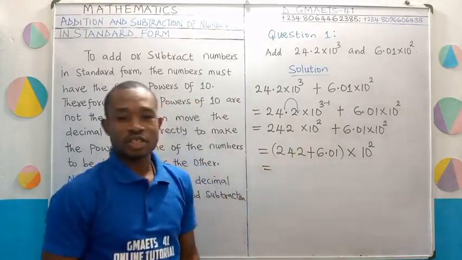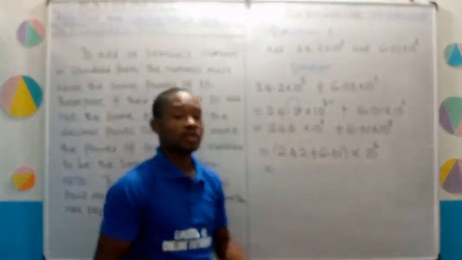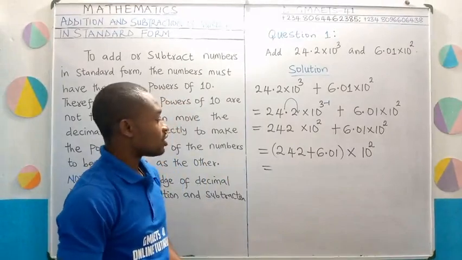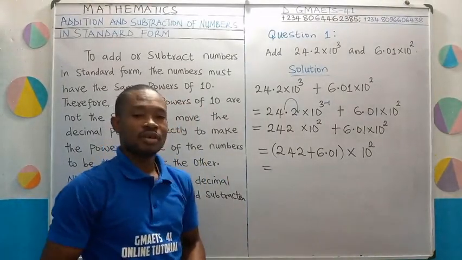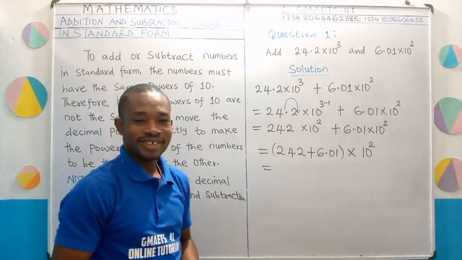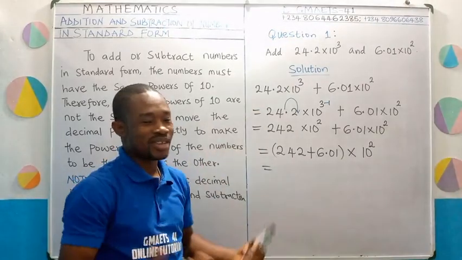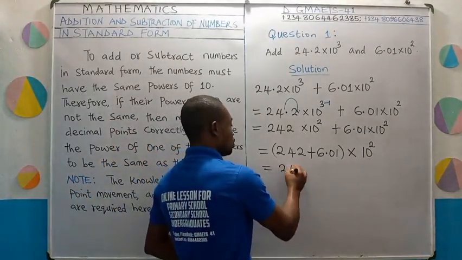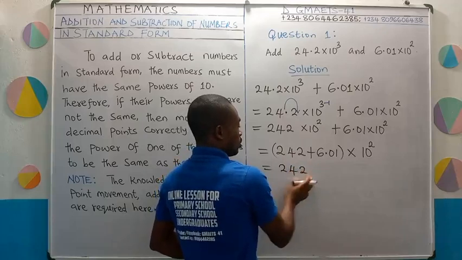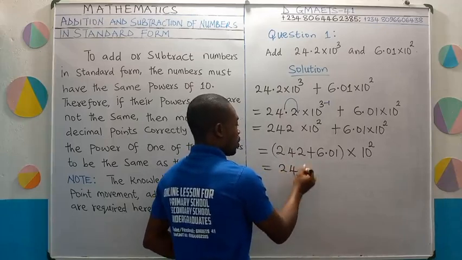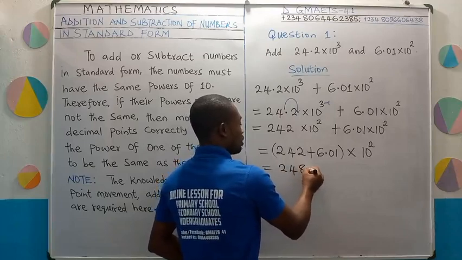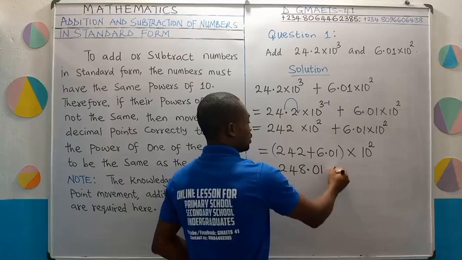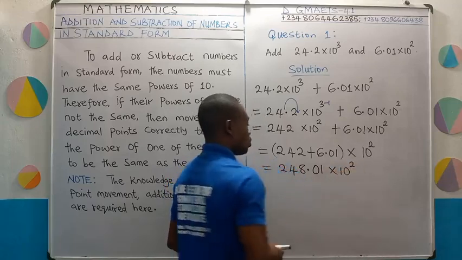If you do your addition, 242 plus 6.01, you will get 248.01. If you want to use your place value method to solve it, the choice is yours. So this is 242 plus 6.01, which will give us 248.01 times 10 raised to power 2.